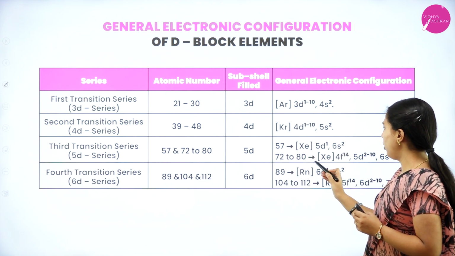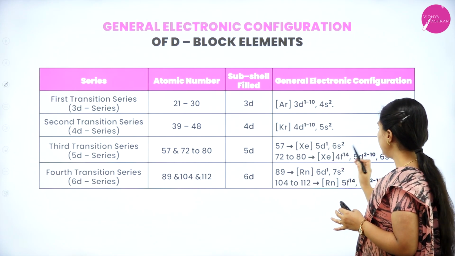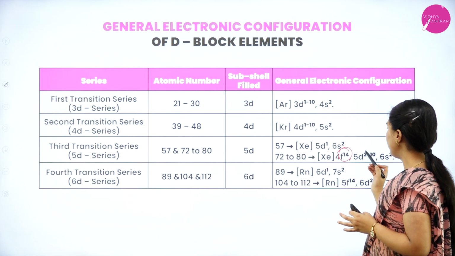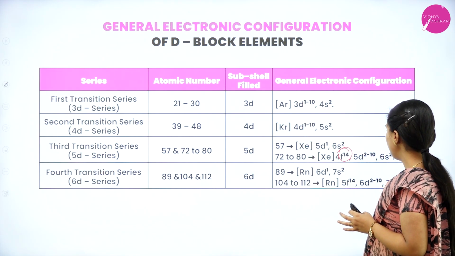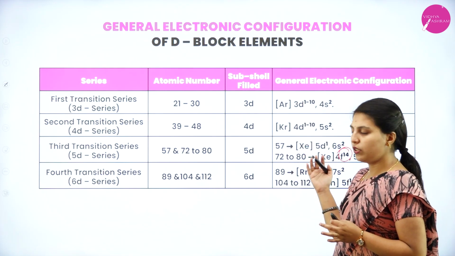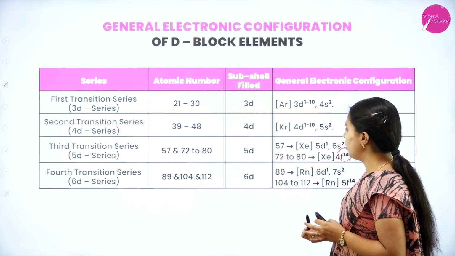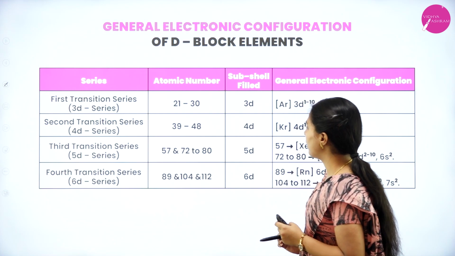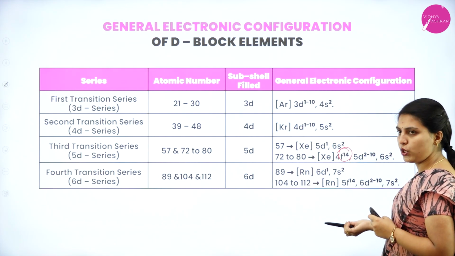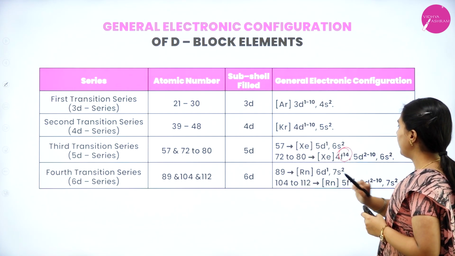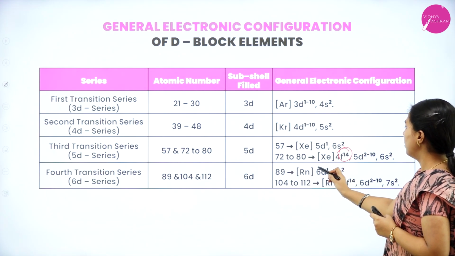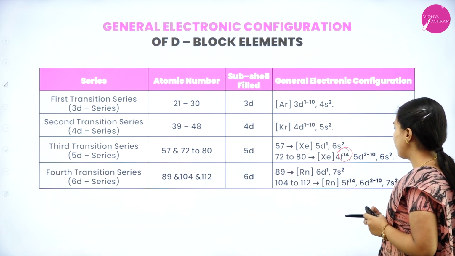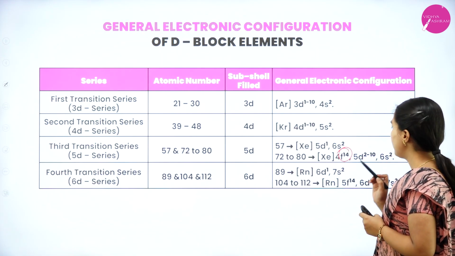In the f block elements, we introduce the f series, that is 4f 1 to 14, 5d 1 to 10, 6s2. And the fourth transition series, 89 and 104 to 112. 89 here radon 6d1 7s2, 104 to 112, here also the f series has been introduced.